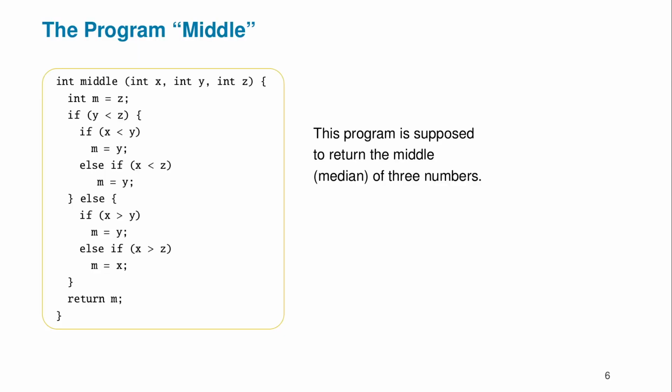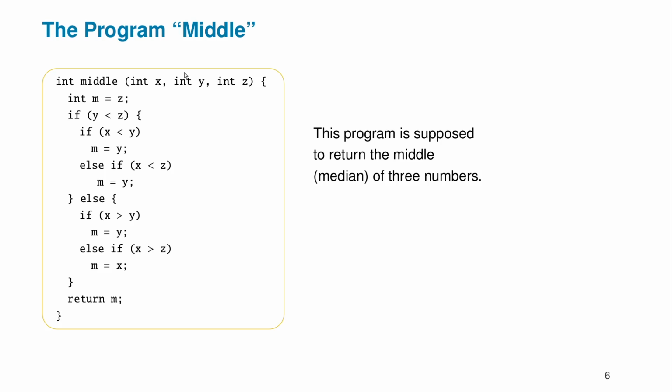The second example I would like to show you is a more serious one. It's one from the context of verification, and the task is as follows. We are given this program middle here, which takes 3 integers as input, and it should return the number in the middle if we sort these 3 integers in ascending order.